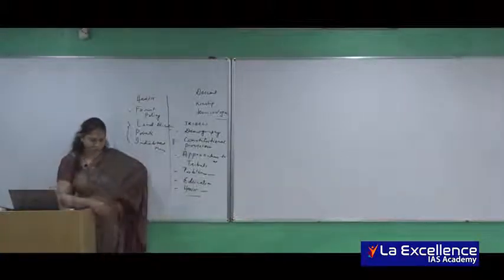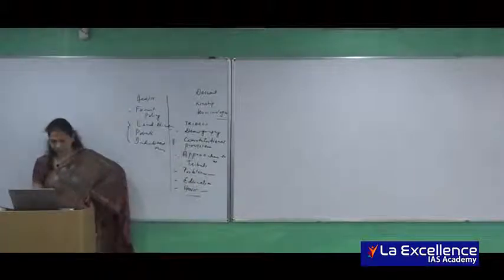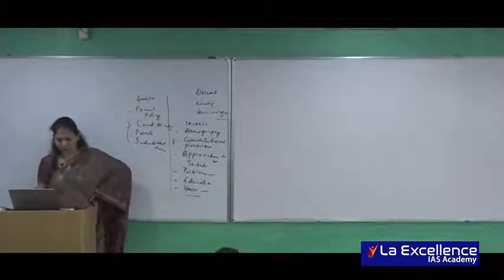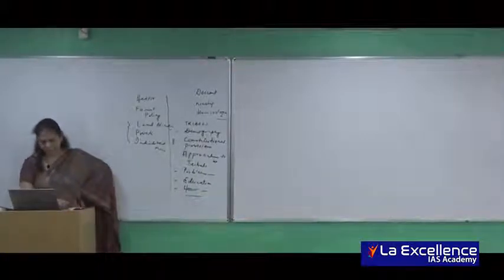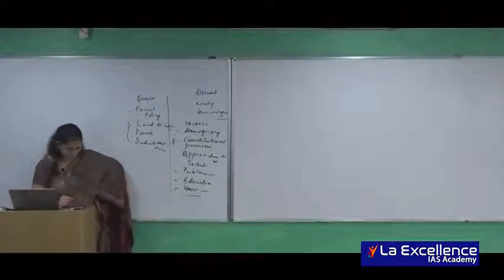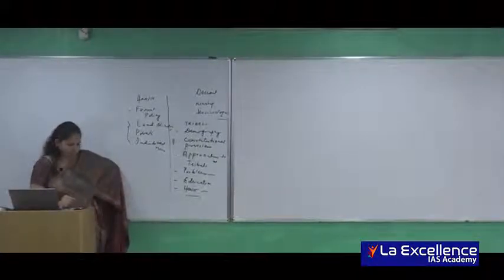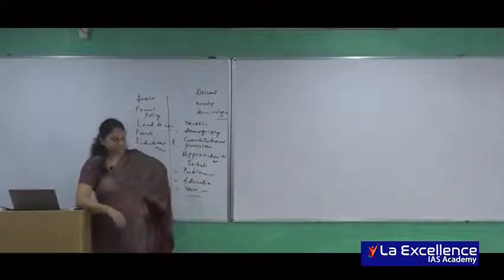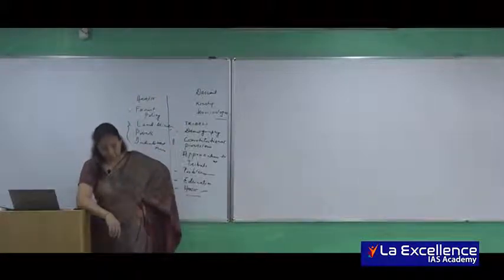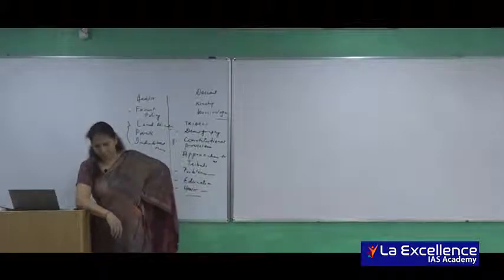Go to the next one, that is ambilineal descent. Ambilineal. It exhibits a flexibility and occasionally confusion regarding lines of descent.